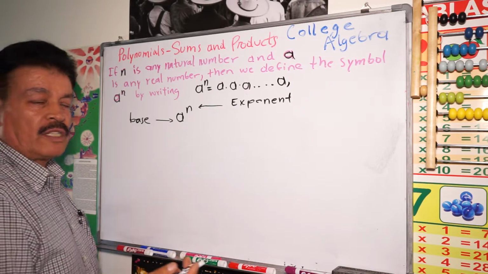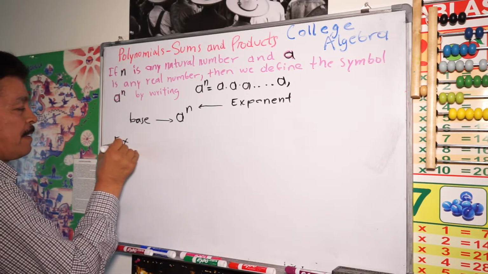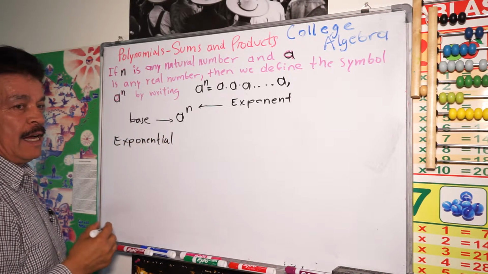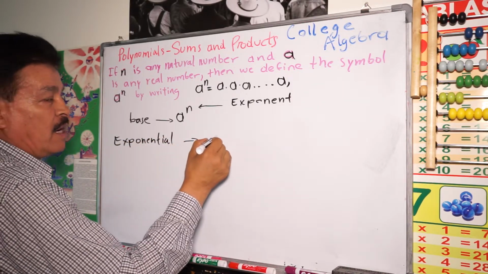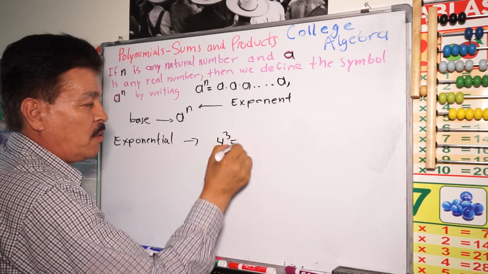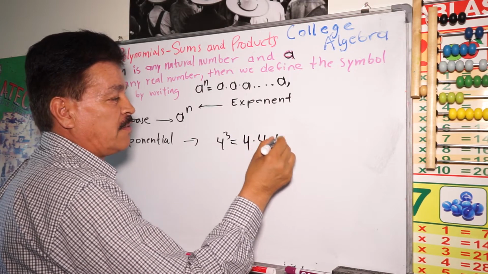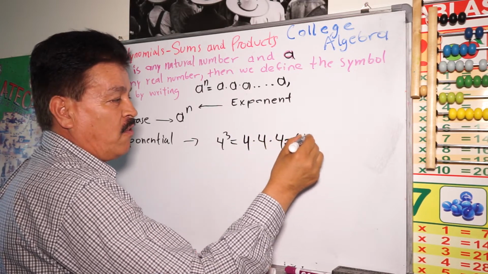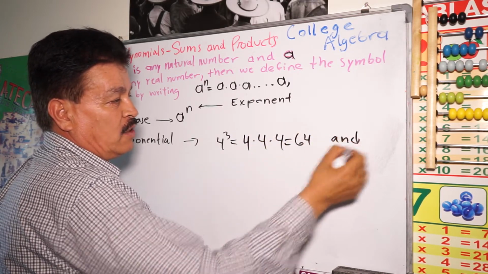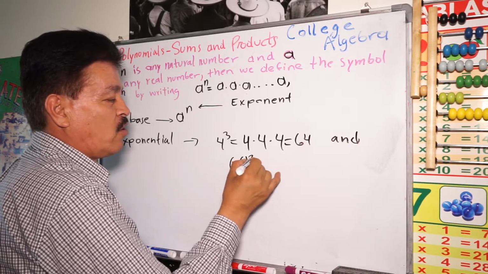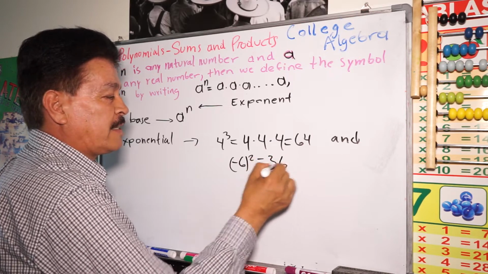This is another concept. It's like you have 4 to the third power is going to be equals 4 times 4 times 4 equals 64. And another problem is negative 6 to the second power is equals 36.